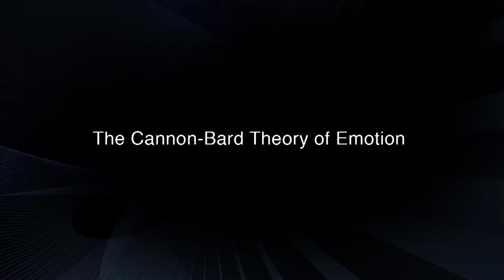Yet another theory of emotion is the Cannon-Bard theory of emotion. Cannon first proposed his theory in the 1920s, and his work was later expanded on by physiologist Philip Bard during the 1930s. They claimed we feel emotions and experience physiological reactions such as sweating, trembling and muscle tension simultaneously.